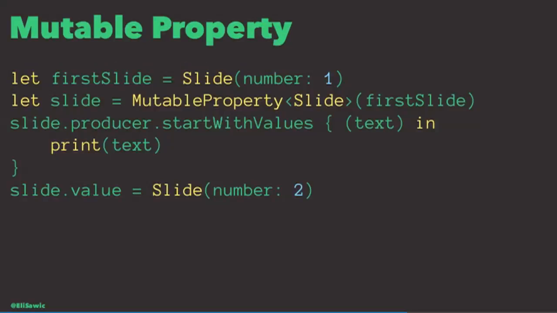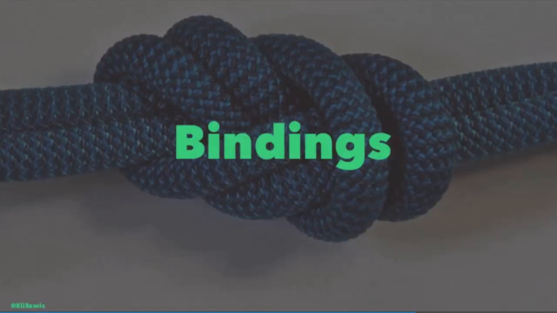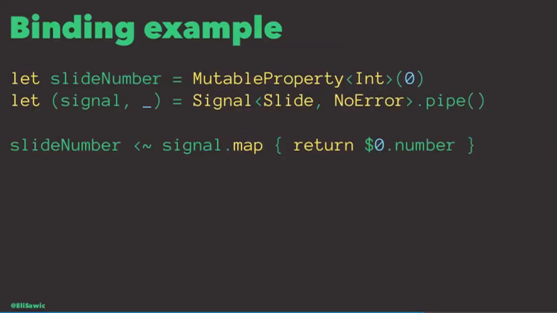And having properties and having streams of values allows us to create great bindings in our application. In the case of an iOS application, this is pretty cool because you can actually map streams to certain controls on your screen. So in this example, this is a slide number property which stores integer values, and it tells us what slide number it actually is.